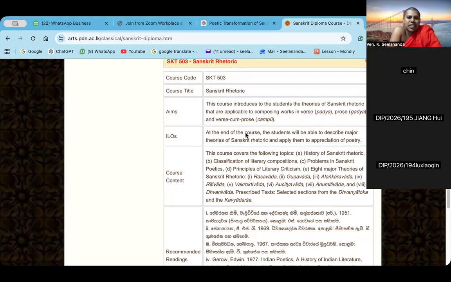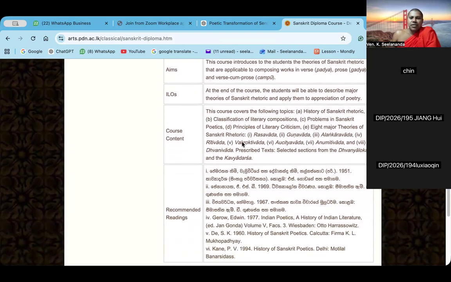We can call it Champu Kavya. At the end of this course, the student should be able to describe major theories of Sanskrit rhetoric and apply them to poetry.